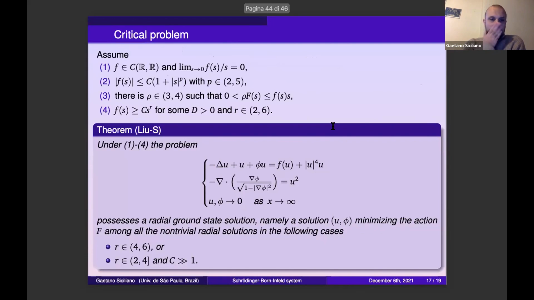Just to conclude, I just cite here also the case where the problem is critical. So we have a nonlinearity u to the power 4. We are in R3 as usual. The assumptions on F are again standard. In particular, in hypothesis number 4, we need that F is greater than some power.